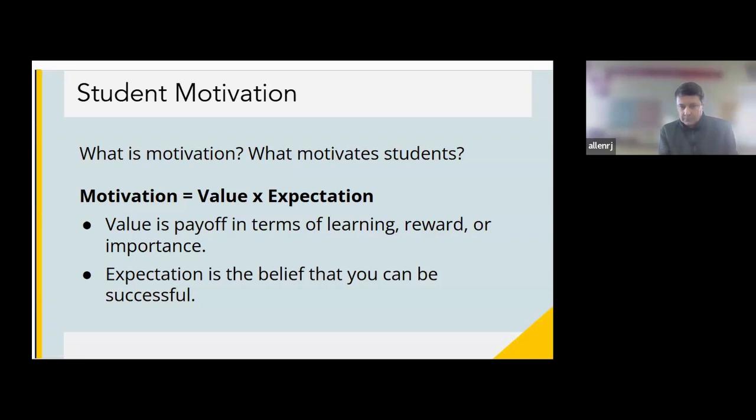I like that formula, because if one is 0, there's not going to be a whole lot of motivation when you multiply by 0. So we're trying to set up a situation where they believe they can truly be successful, and we celebrate that success, which gives it lots of value. That's our main goal.